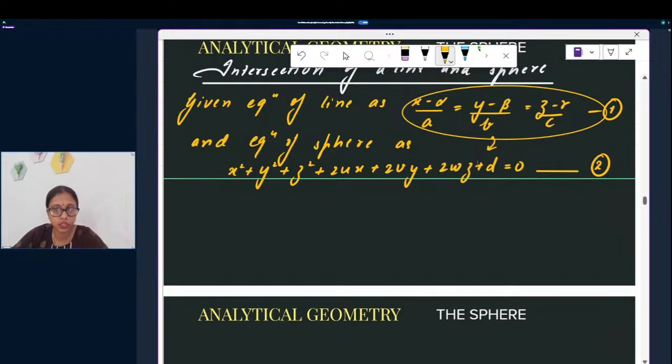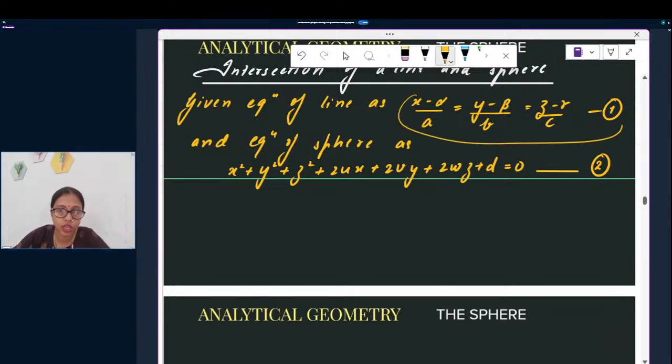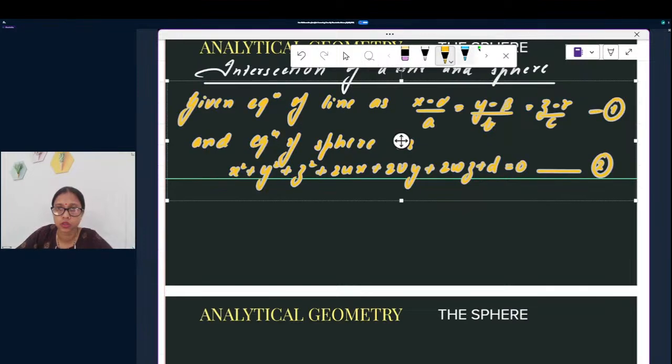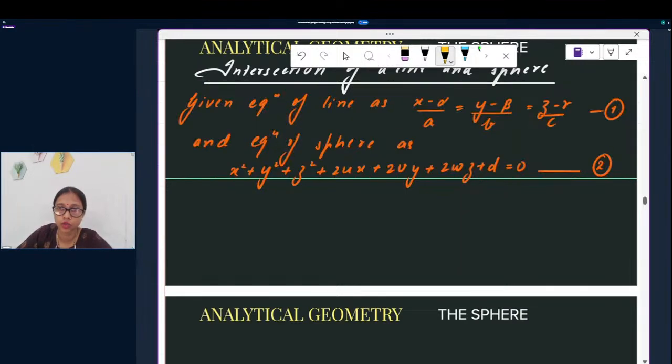That is the point of intersection, right? So how does a point look on the line? We know it's a symmetric form. So let's start. This all is given to us.